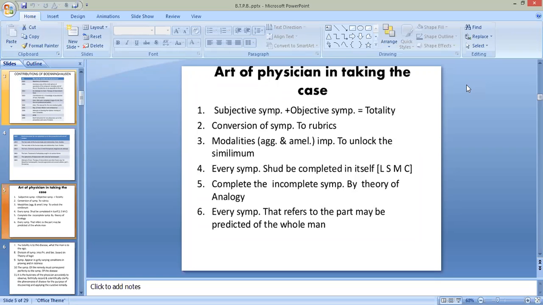So Dr. Kent was the great critic of Dr. Boenninghausen's concepts and philosophy, but he still liked this section, which he included in his repertory.